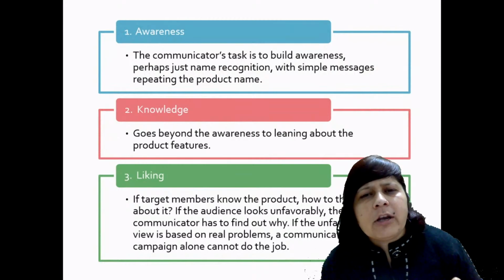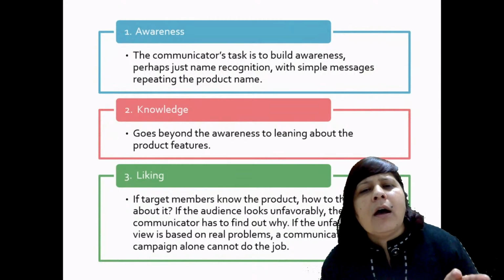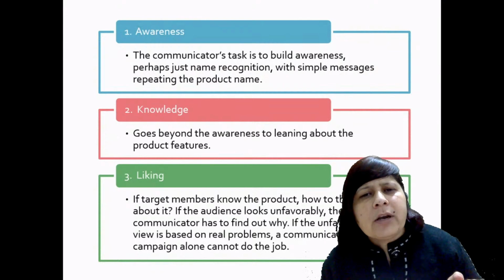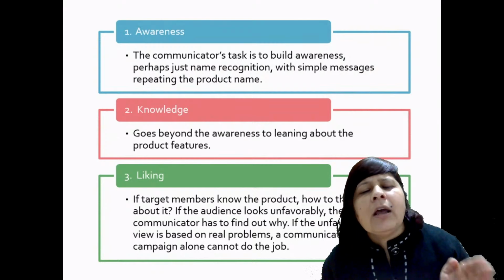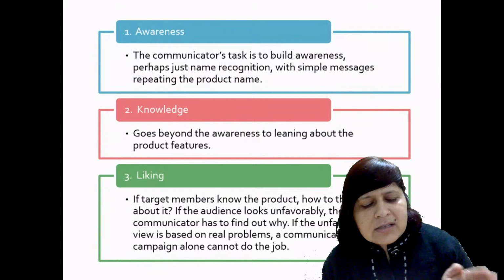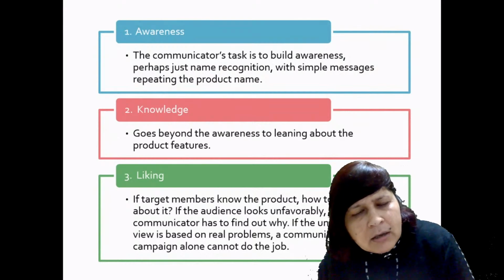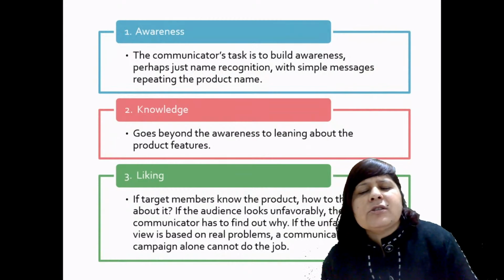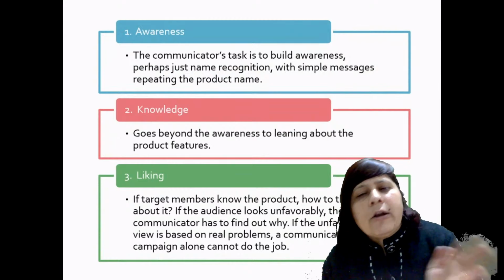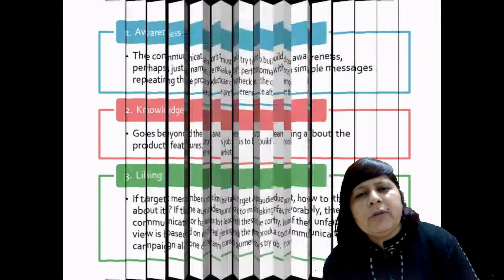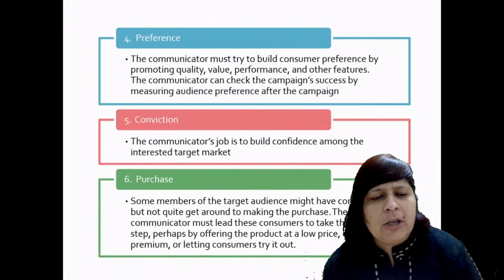Then second, after creating the awareness, give them knowledge about the product, tell the features of the product, and then liking, that is, convert the unfavorable scale to the favorable scale through communication.